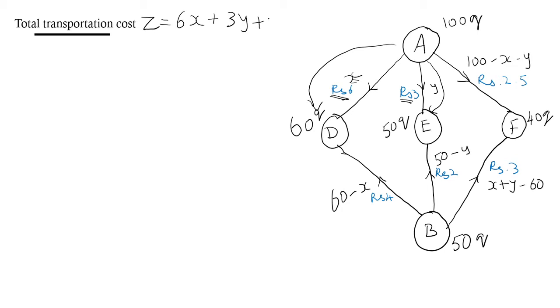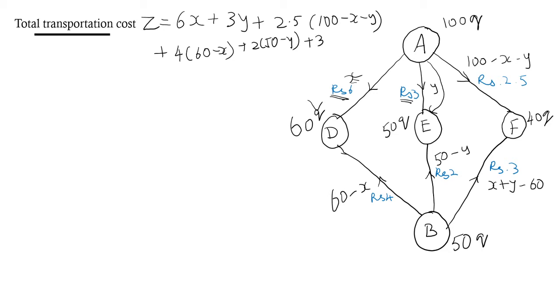So it is 6x plus 3y plus 2.5 into (100 minus x minus y) plus 4 into (60 minus x) plus 2 into (50 minus y) plus 3 into (x plus y minus 60). So we have written the transportation cost.